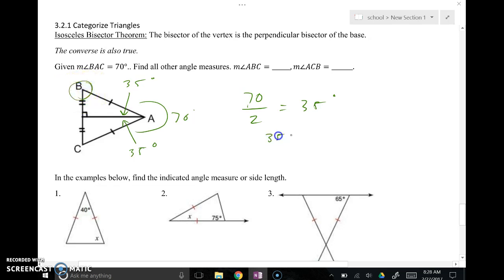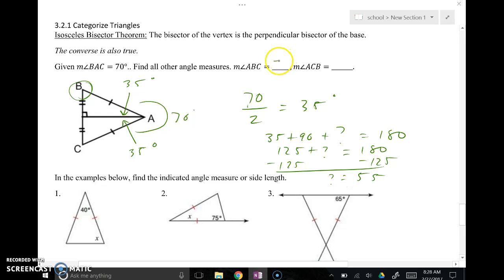So 35 plus 90 plus, I don't know, equals 180 degrees because it's a triangle. Combine like terms here, I get 125 plus I don't know equals 180. So then subtract 125 from both sides, and I get I don't know is equal to 55 degrees. So ABC is 55 degrees, which automatically means ACB is 55 degrees.